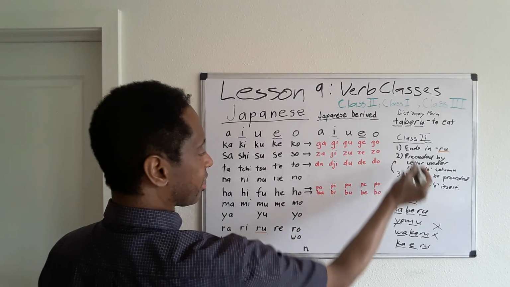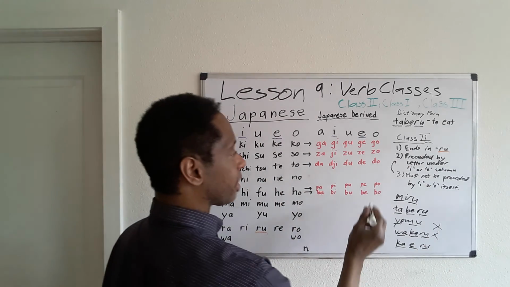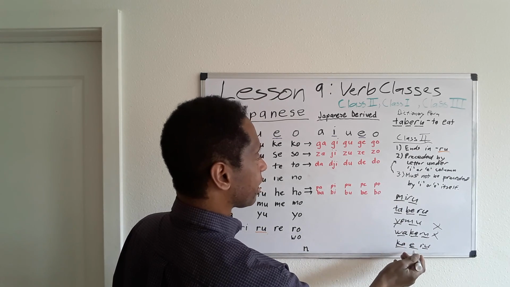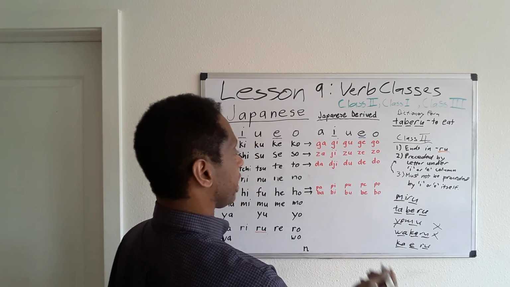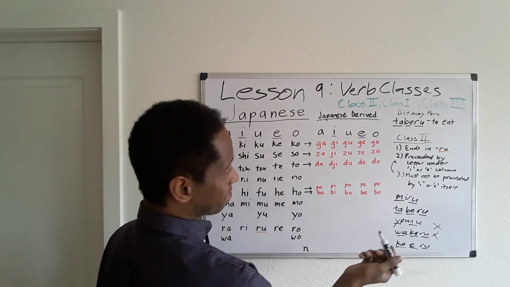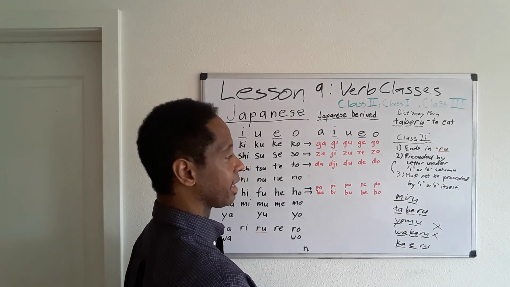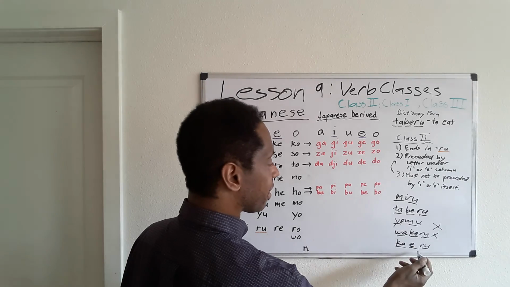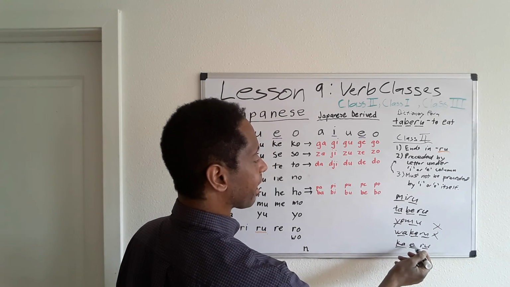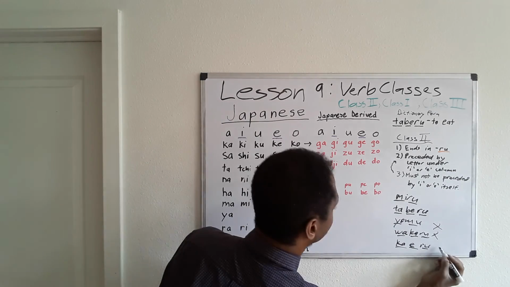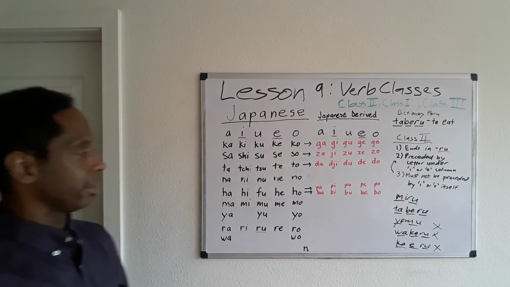Okay, it ends in ru, so it satisfies 1. It's immediately preceded by e, a letter under the I or E column, so it satisfies 2, but it must not be preceded by I or E itself. It's immediately preceded by E. That means it's not a Class II verb either.